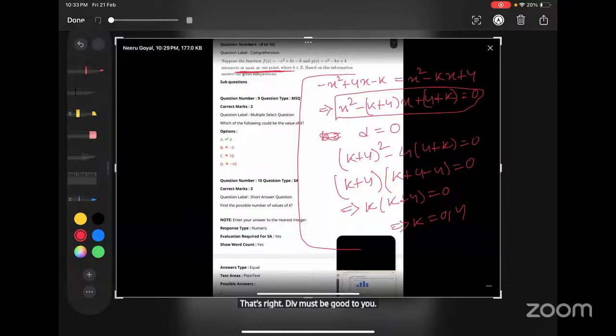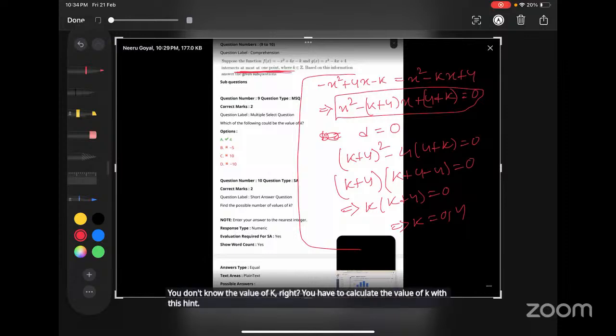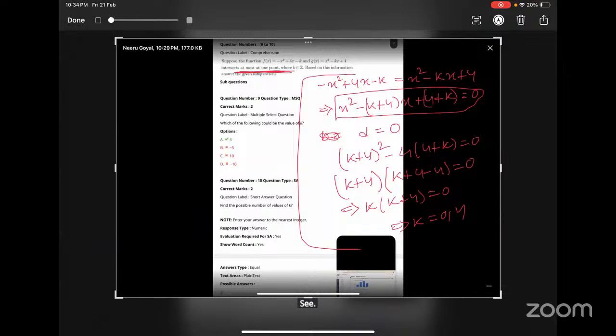See, if I substitute the value of k, I'll get equal roots. You don't know the value of k, so you have to calculate it with this hint. We have the hint that there is at most 1 point of intersection.